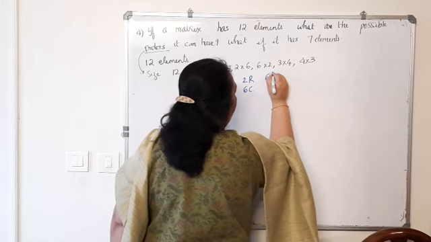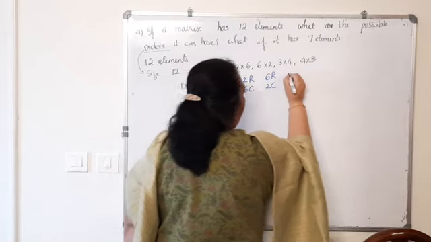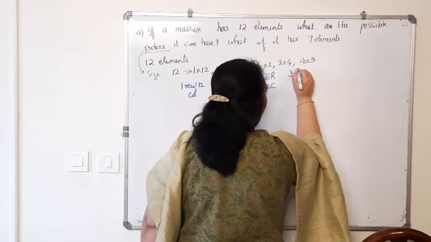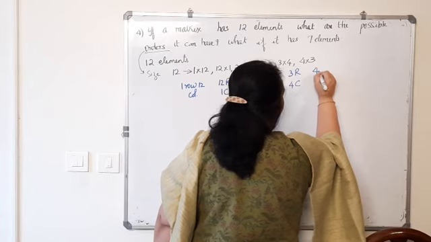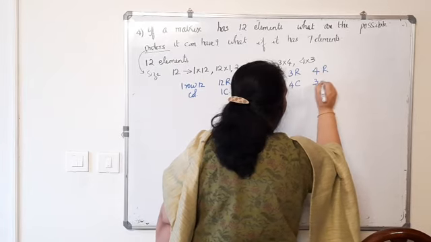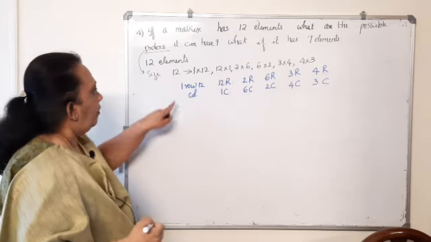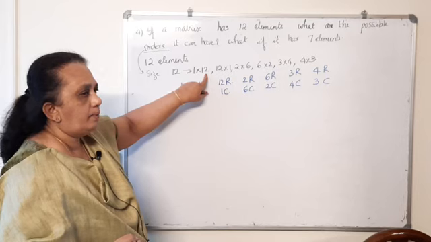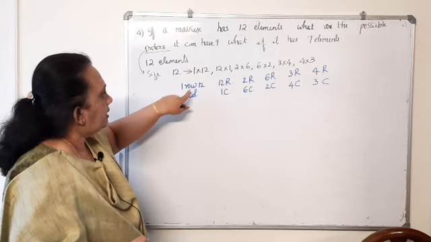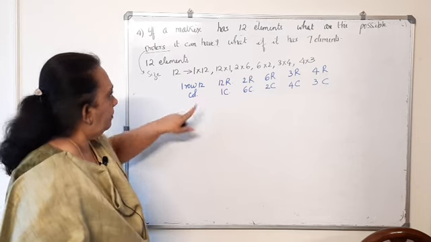Next one will have 6 rows, 2 columns. Here you have 3 rows, 4 columns. And the last one you have 4 rows and 3 columns. So, 1 row and 12 columns is a row matrix and this is a column matrix, 1 column and 12 rows.